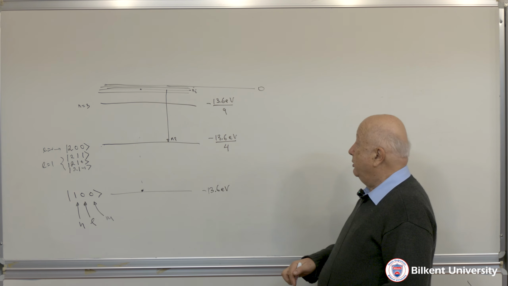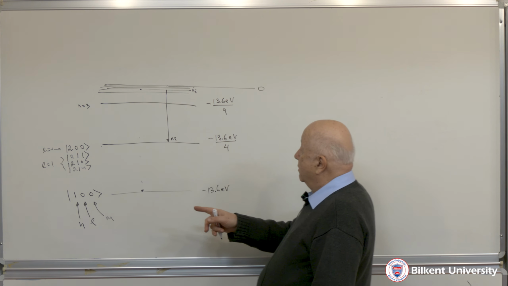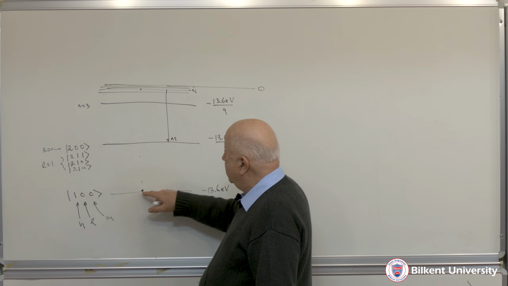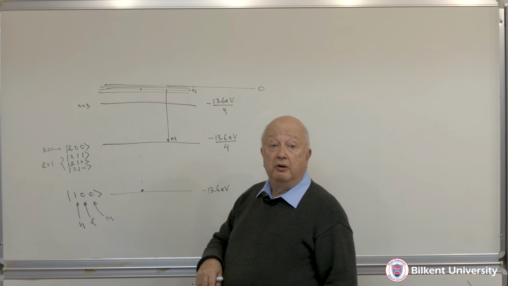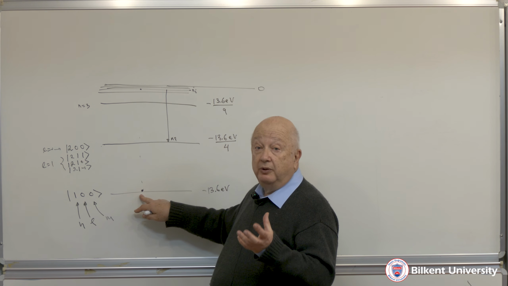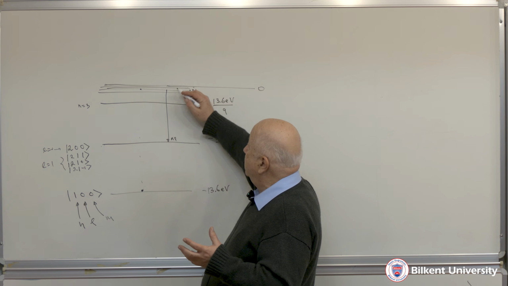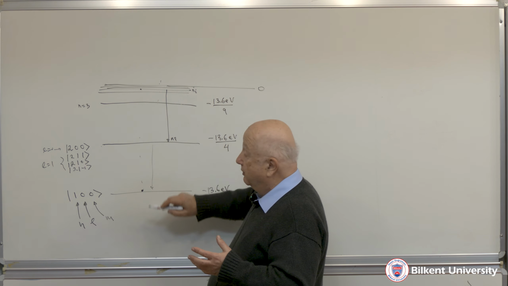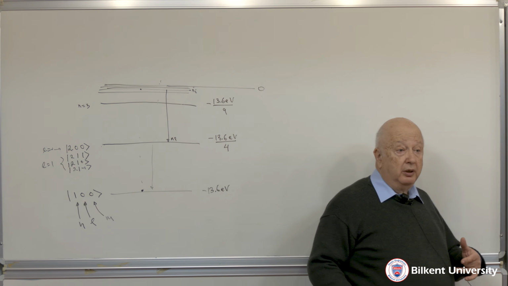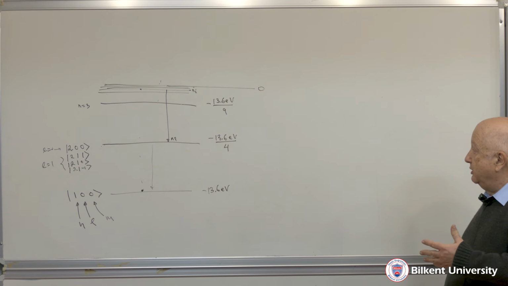In fact, you can hit the atom so hard that the electron just flies away. You're left with just a proton, but then it may capture a free electron from the outside. So you have many possibilities.